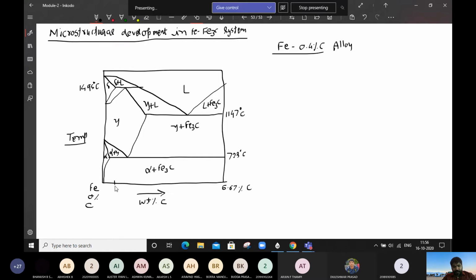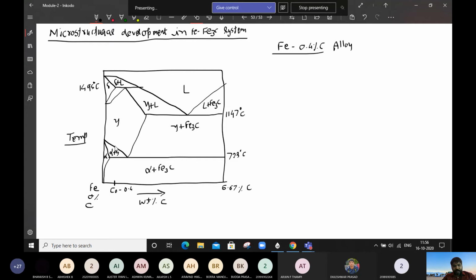So suppose this is our alloy, which has C0 initial concentration of 0.4% carbon. Now you have spotted the initial concentration of the alloy. Now I ask you to heat this alloy, raising the temperature until it reaches the single phase region.